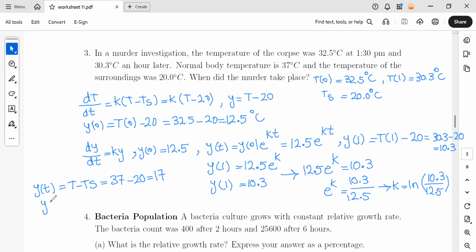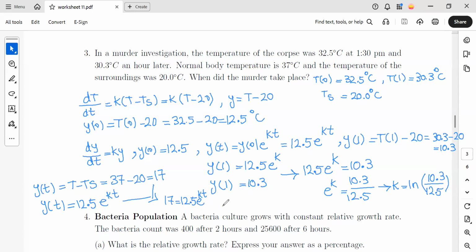Also, using the formula, y of t will be 12.5 e to the power kt, because we need two things similar. So left sides are the same. From the right side, we would have the equation as 17 equals 12.5 e to the kt.